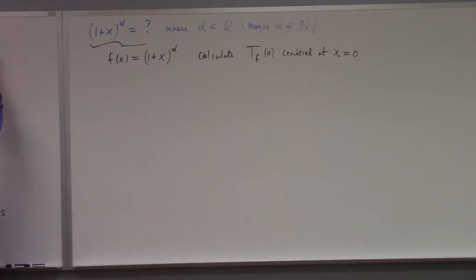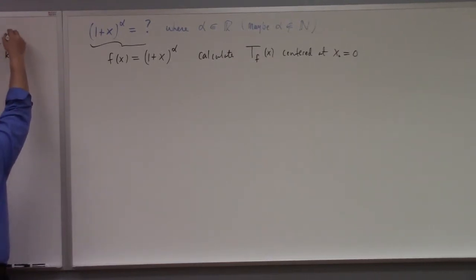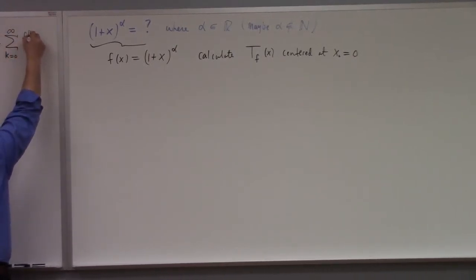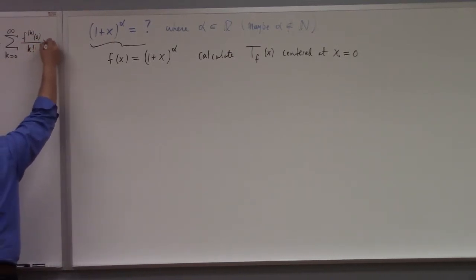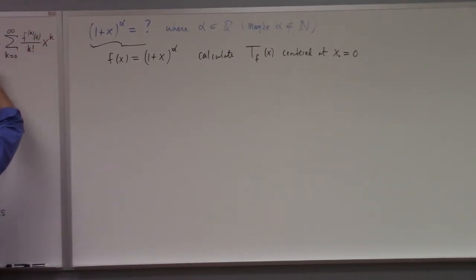The Taylor series of f of x was the sum k equals 0 to infinity of the kth derivative evaluated at 0 over k factorial times x to the power k. I'm going to write it as a sum over k so that we can see the connection with the binomial theorem most manifestly.